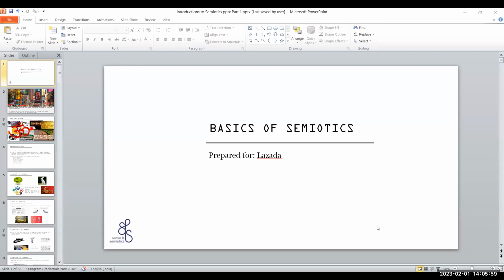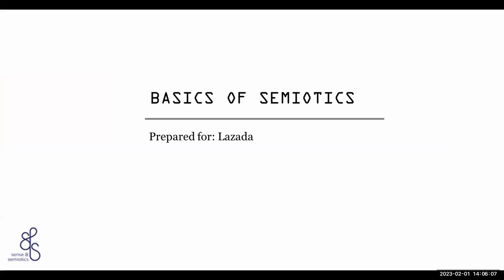I have a very simple take on semiotics because, like I said, it is complicated. Therefore, we've broken it down into specific principles. This is really the basic session, and there's a lot more you need to know, which comes when you actually apply some of the principles that you hear.